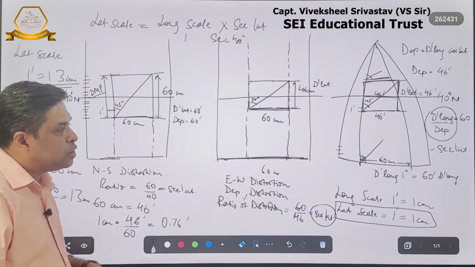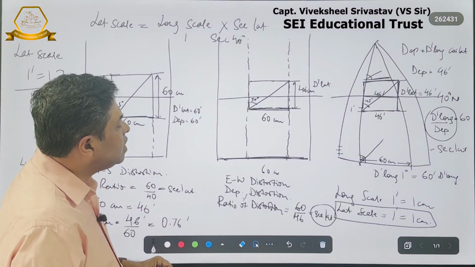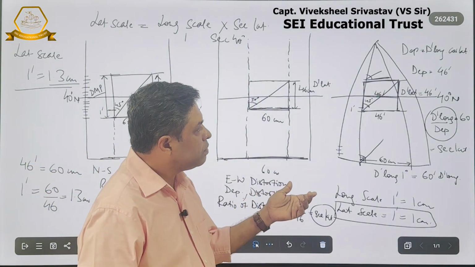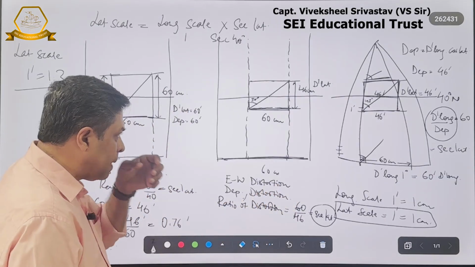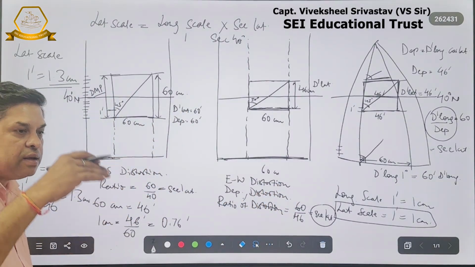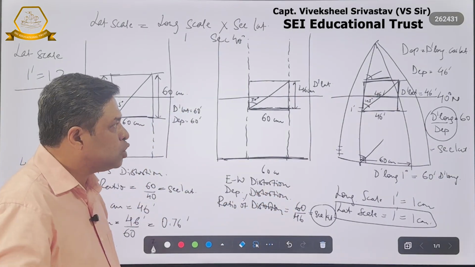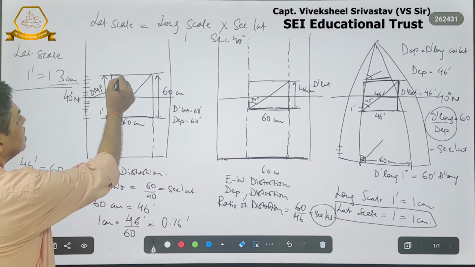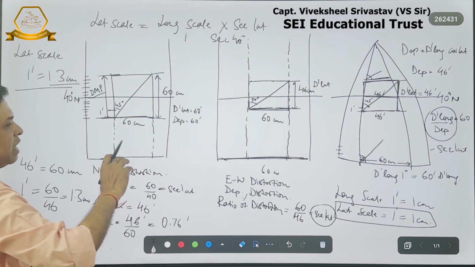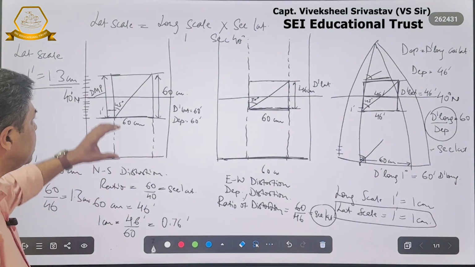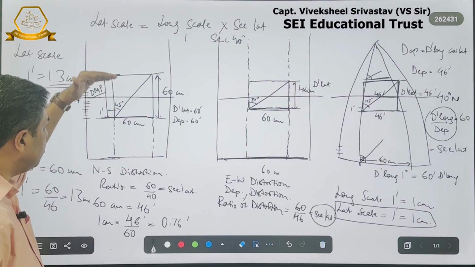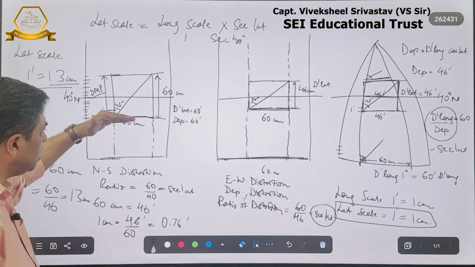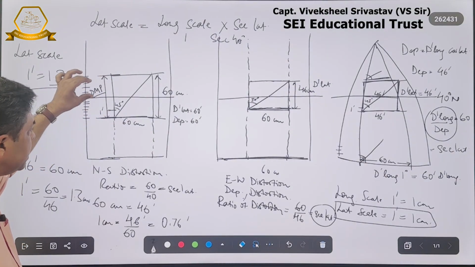All right, so that is where the meridional parts come into effect, that it gives you that distortion readily available in a table. So when I take the meridional parts at this latitude and the meridional parts at this latitude, and we subtract, we get the DMP.